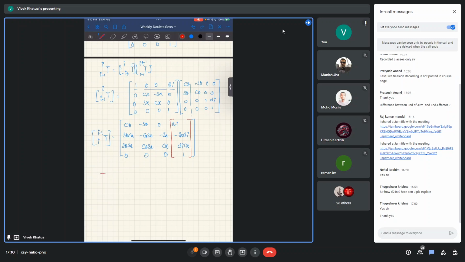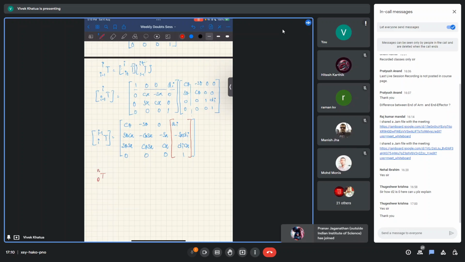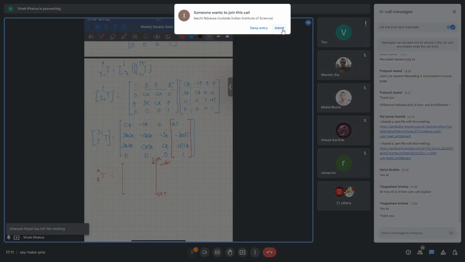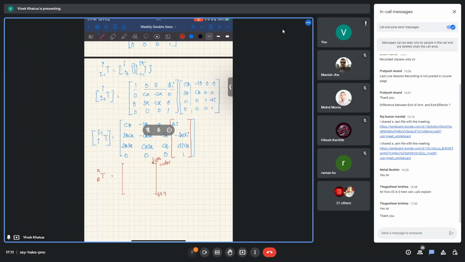If you have done T from 0 to the nth frame, the 4 by 4 matrix that you will get, the fourth vector is your direct kinematics. Given alpha, a i, and d i, I can find where my end effector is, at least the home position. So this is the direct kinematics.